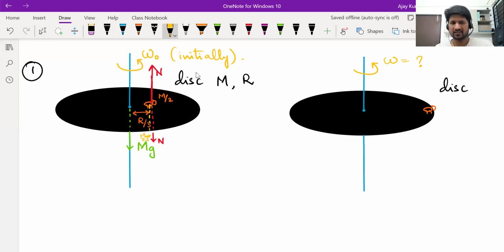Fine. Now you can see the lines of action of all these forces. They're all vertical, and the axis is also vertical.